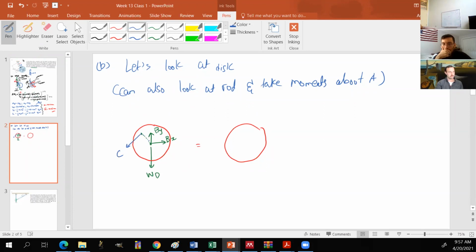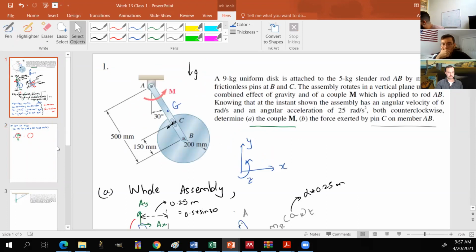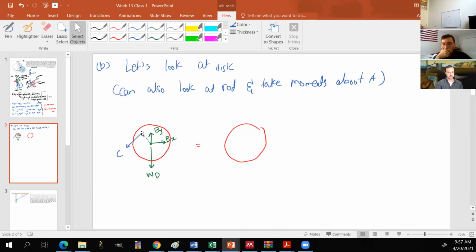All right, and this distance in the problem, it's given to us for this instant, it's 150 millimeters, right? So this distance here is equal to 0.15 meters. Right? Does that make sense?